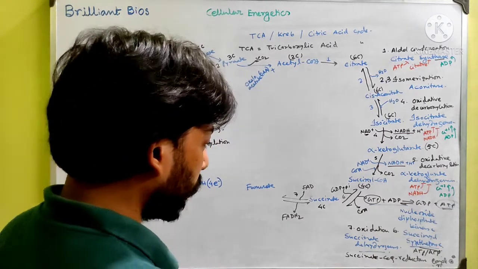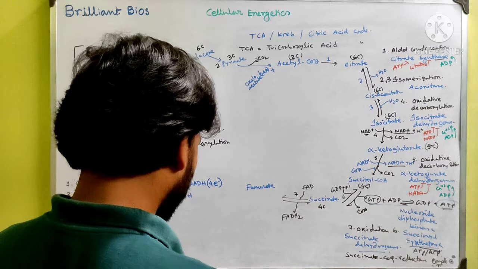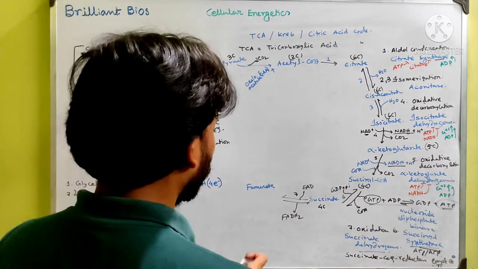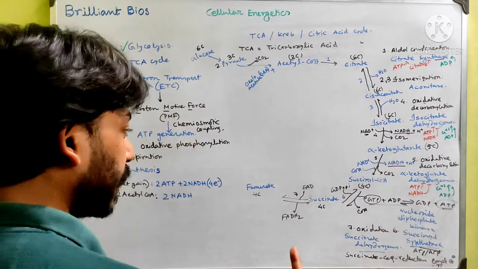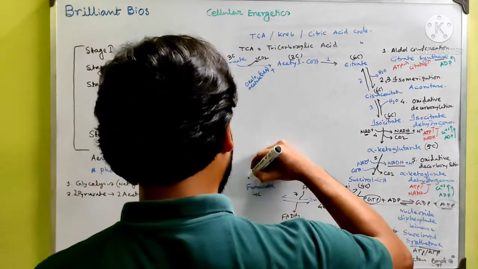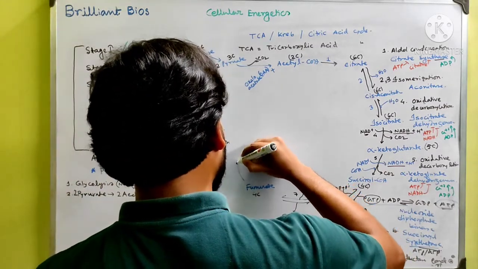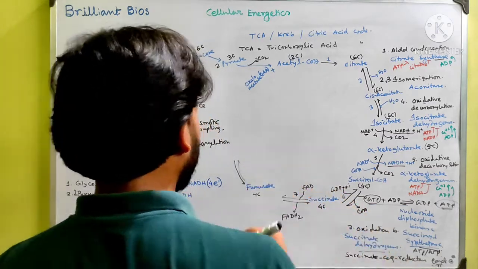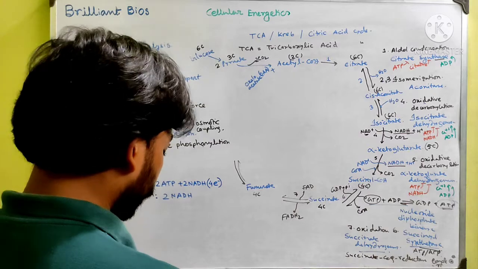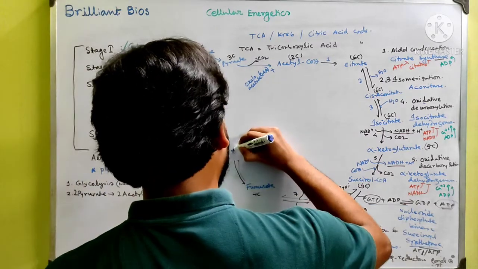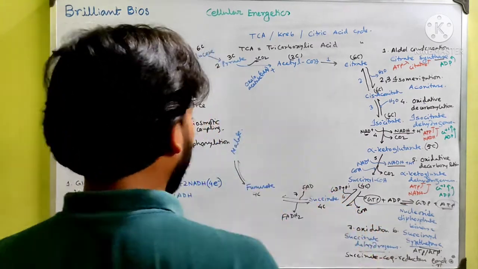Now this enzyme converts fumarate. This fumarate is also a 4 carbon molecule. Now another reversible reaction occurs, and the fumarate makes malate.